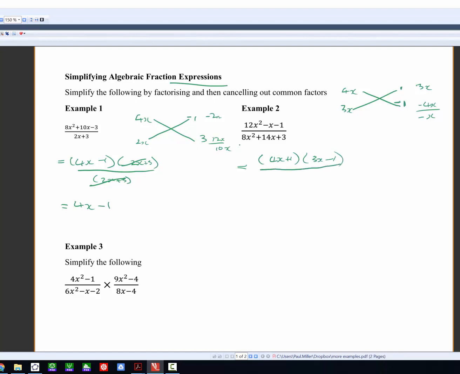Okay, now our bottom line. So this one here, we're going to do 3. So that's 1 and 3, and 8. 4 and 2, 2 is going to go here, 4. I'm not sure about this one, 4 and 2, so let's try that one first of all.